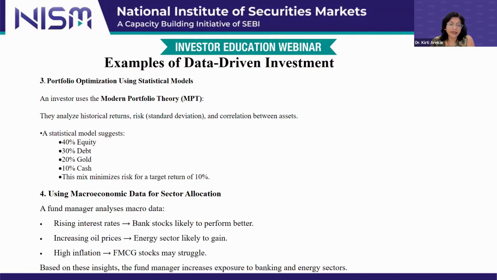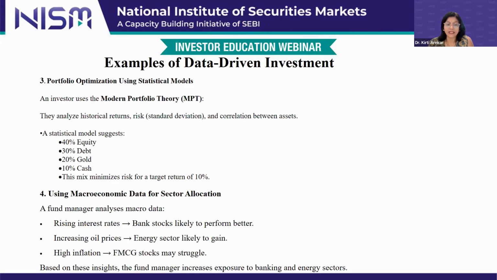Because in the market, the perception is that if the interest rate increases, the bank stocks are likely to increase, but not necessarily. So through the different data analysis tools, we need to find out whether there is really any relationship between these two factors. That is the important thing.